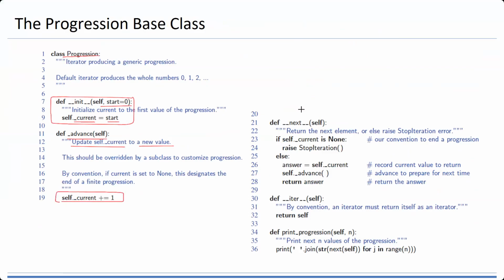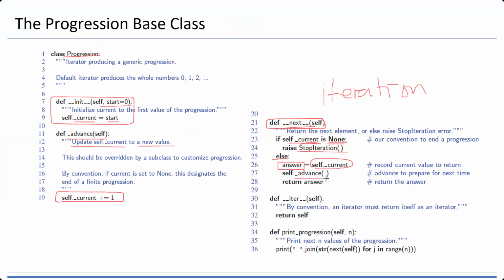So I can check what will be the next value. The next value, as I mentioned before, we can do with the iteration. The iteration means the next. I want to know if the current is none or not. If the current is none, then stop the iteration. If not, then let's put one variable, named answer, and set it as the current value.